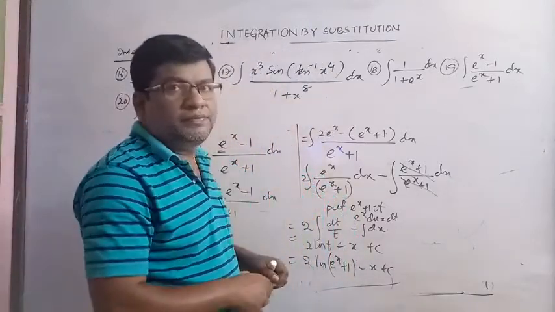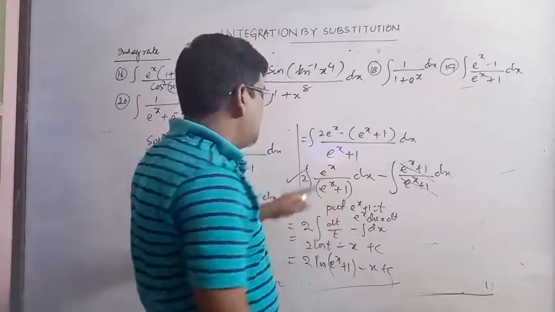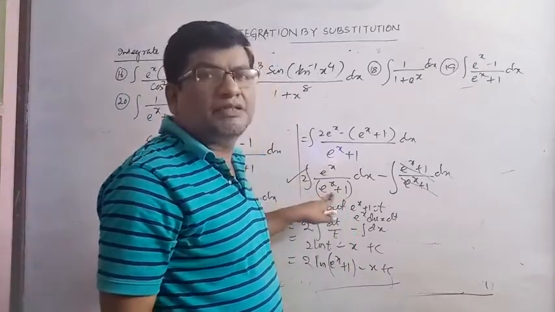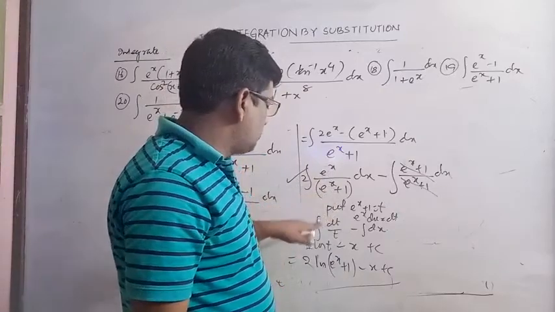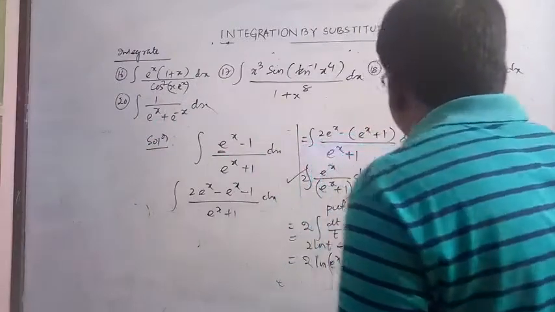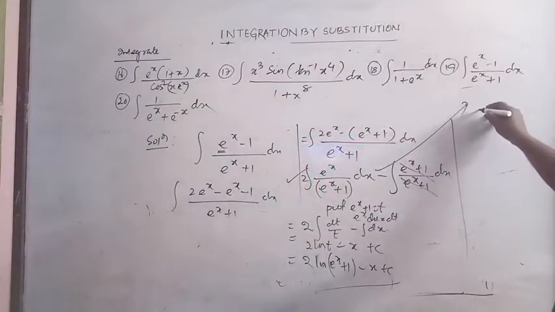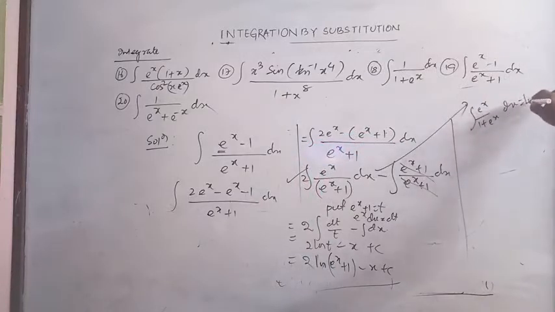We can also apply the formula from this step, the f dash x by f x, log f x formula. Directly from this step, integration of e to the x by e to the x plus 1 dx is equal to log of 1 plus x plus c.